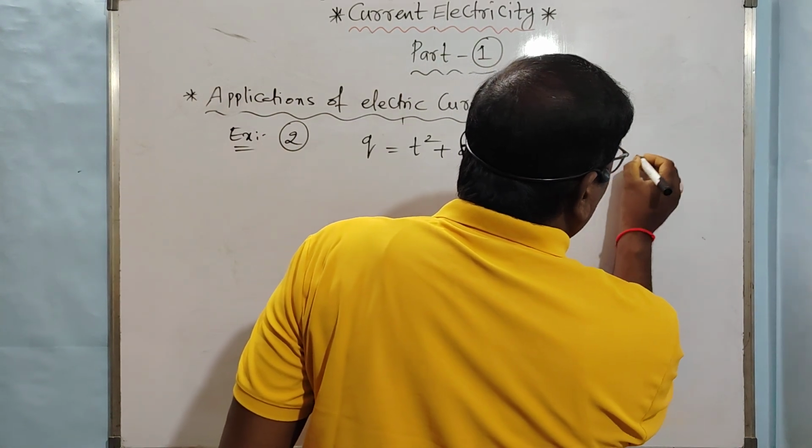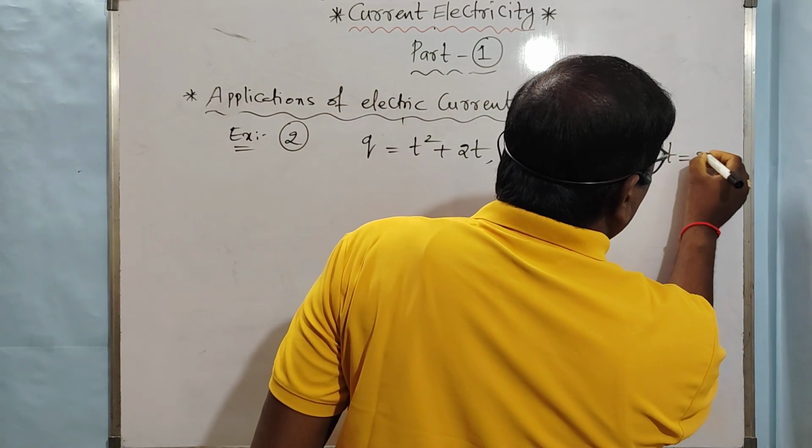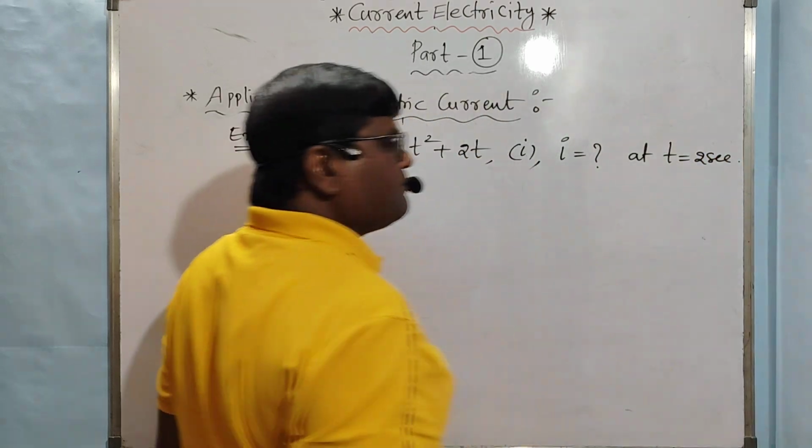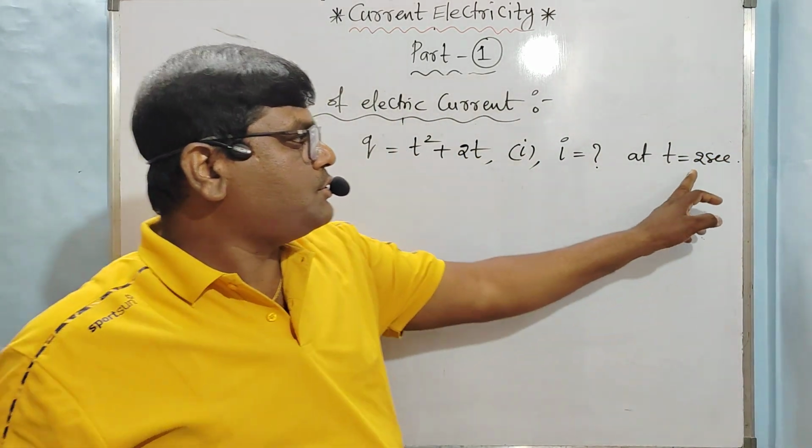Current is equal to what, at time t is equal to 2 seconds? He is asking what is the current at t equal to 2 seconds.